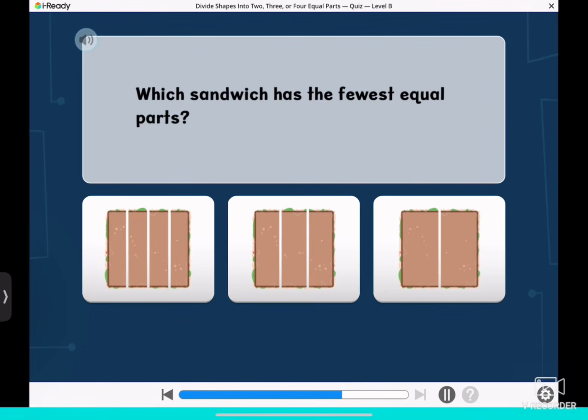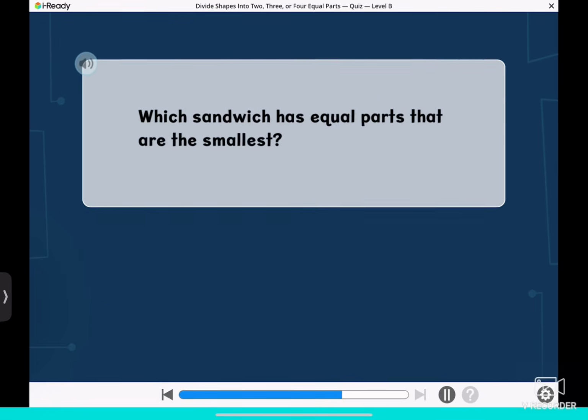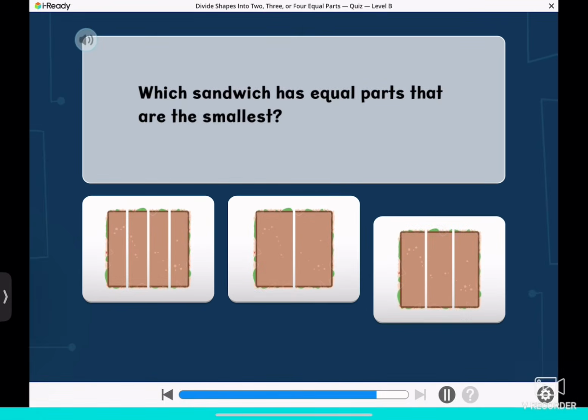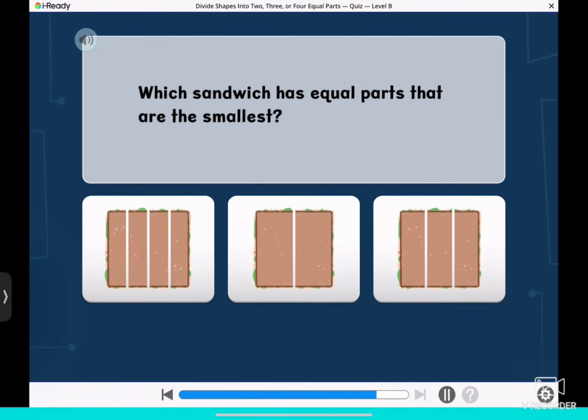Which sandwich has the fewest equal parts? Which sandwich has equal parts that are the smallest?